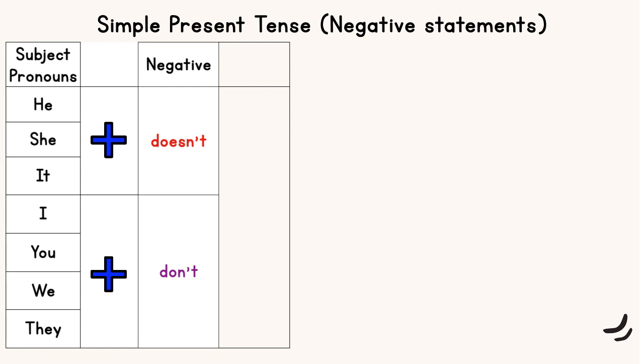Doesn't here means does not. Don't here means do not. Okay, so followed by verb. Okay, eat, have, do. Okay, so when we have the negative words here, such as doesn't and don't, the verb must be in original form no matter the subject is in singular or plural.